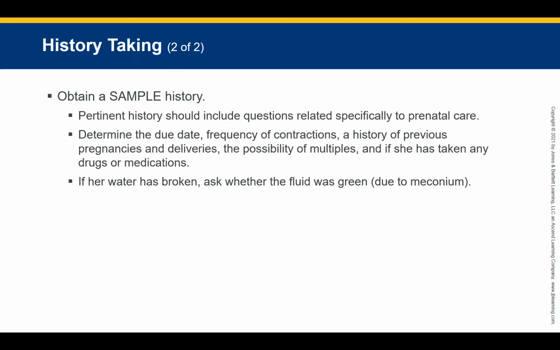Determine whether there is a possibility of multiples and whether the woman has taken any drugs or medications recently. If the water has broken, ask whether the fluid was green. Green fluid means meconium, which is fetal stool. Meconium can indicate newborn distress, and it is possible for the fetus to aspirate its own meconium during delivery.